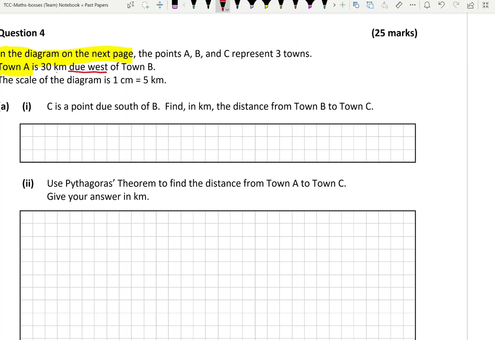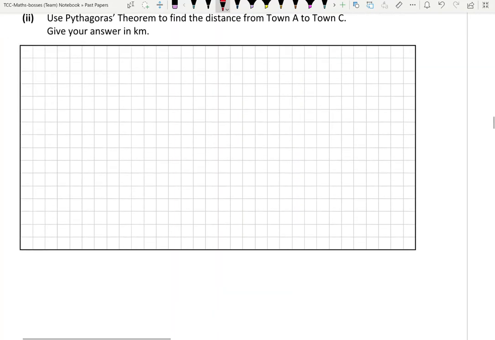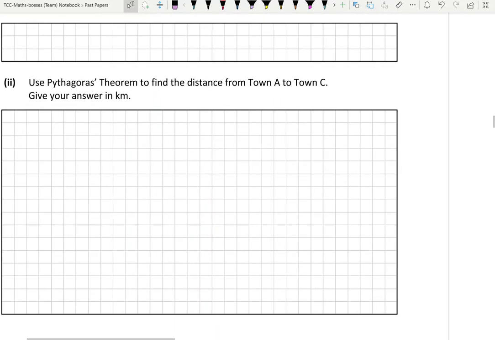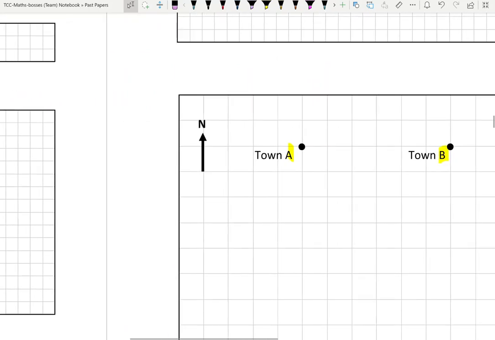That means to the west, and west is to the left on a diagram of Town B. So we can add that to our diagram. But this is 30 kilometers.